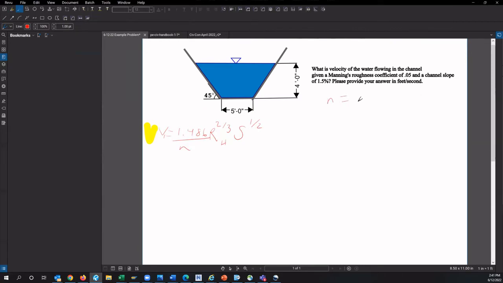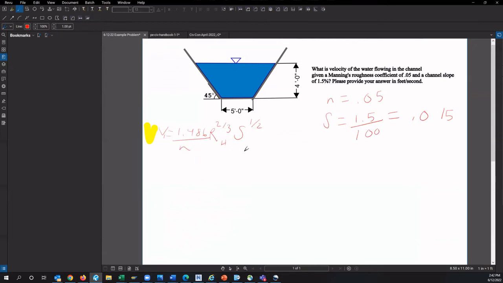We know that N is equal to 0.05, and S, we're going to convert now, will be 1.5 over 100, which is equal to 0.015. Now we can start plugging this into our equation.